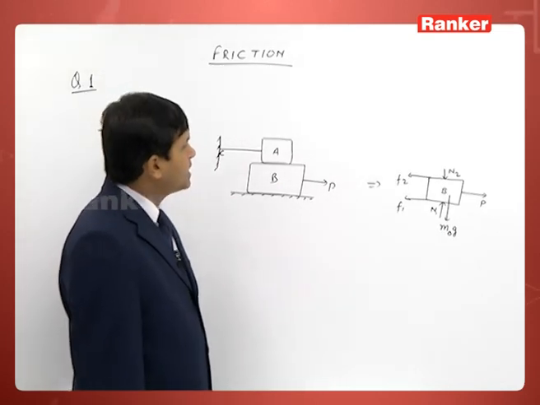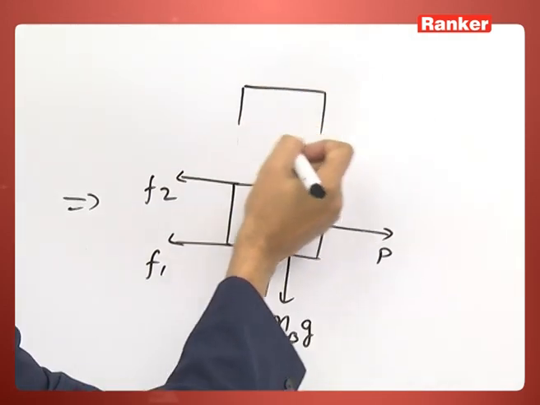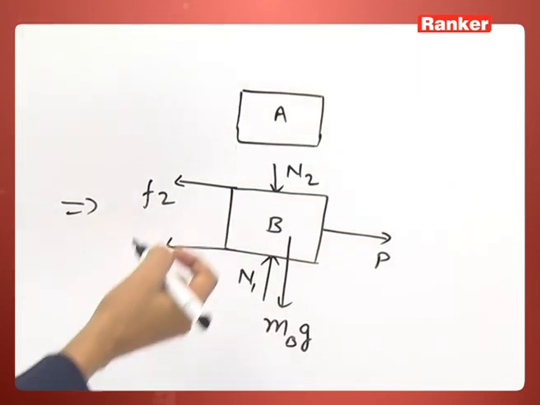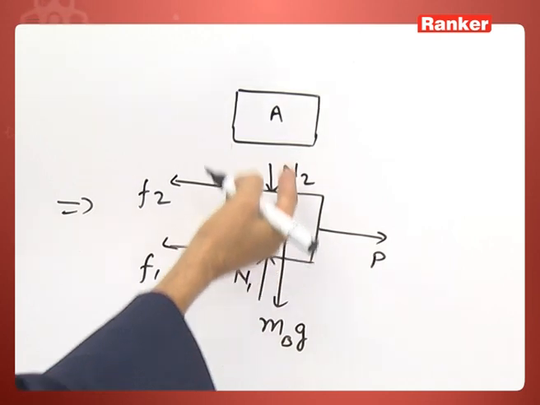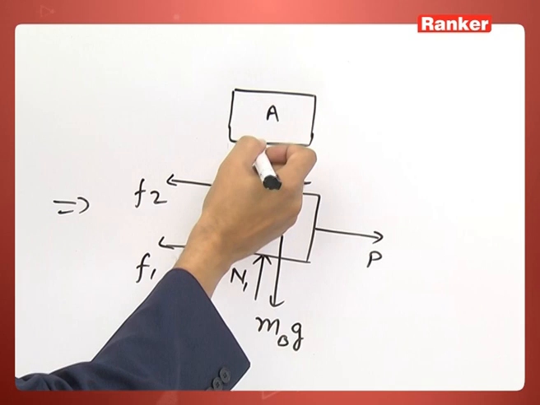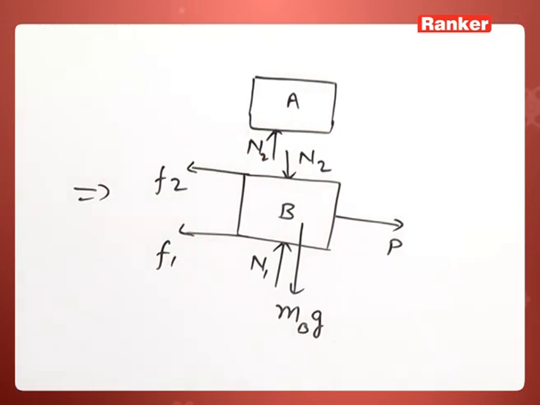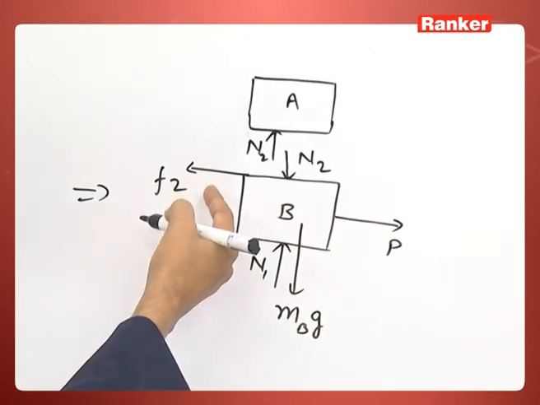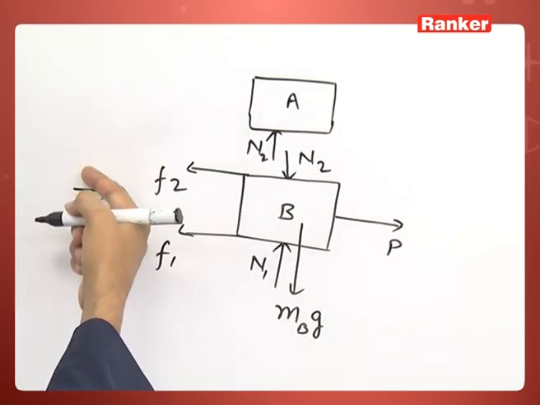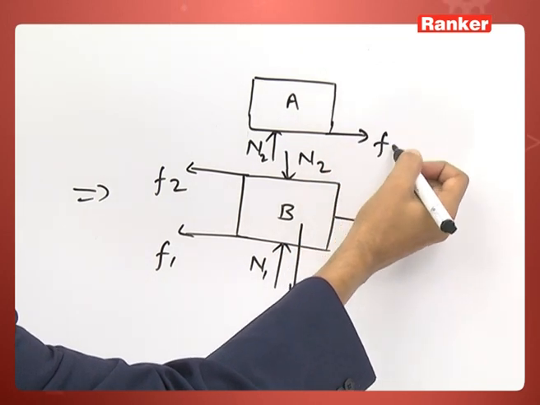Now if we are talking about block A, the forces: first, the normal force is action-reaction. On block B the force is downward N2, so on block A the force will be upward N2. Similarly F2, on block B, block A is applying friction F2 to the left, so on block A, F2 is to the right.